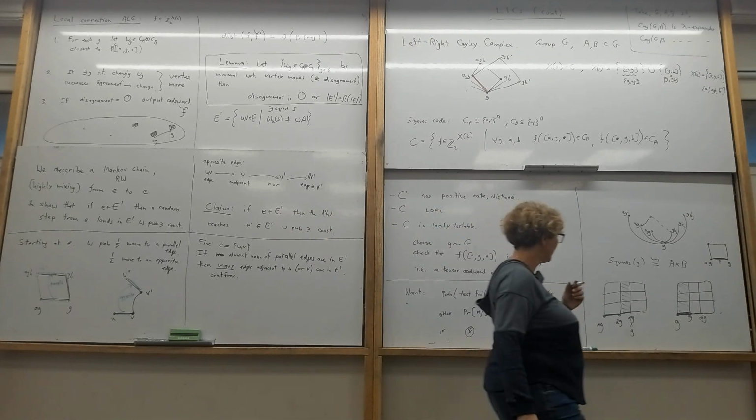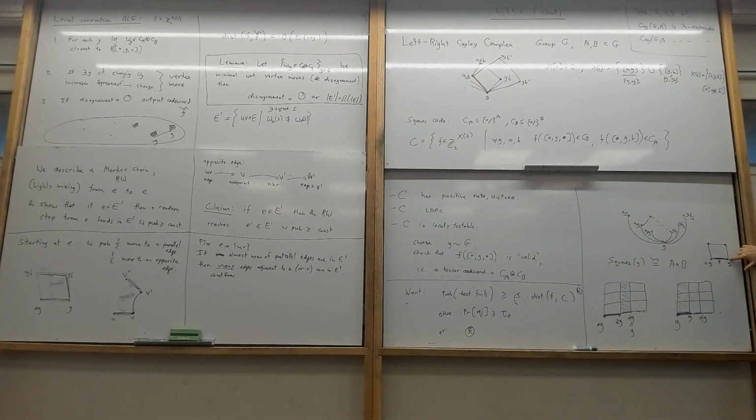Why? Because how many neighbors does a vertex have? Basically 2D, if we assume that the cardinality of A and the cardinality of B is the same. Then this guy has 2D neighbors, and we're now looking at just D of them, and out of the D of them, some constant fraction are going to be in E prime. So it's still a constant fraction of 2D.